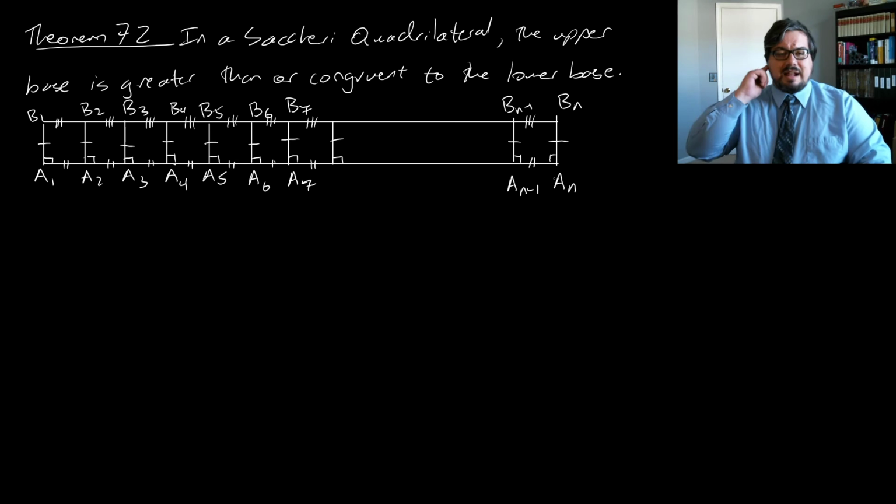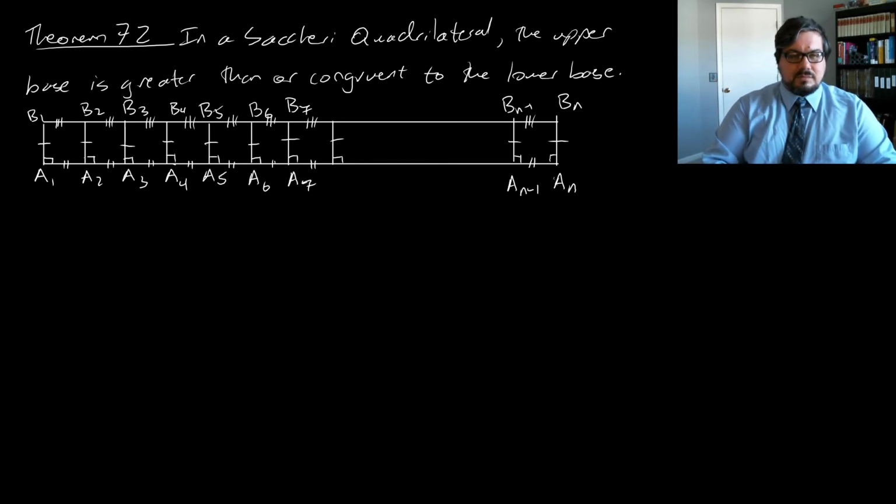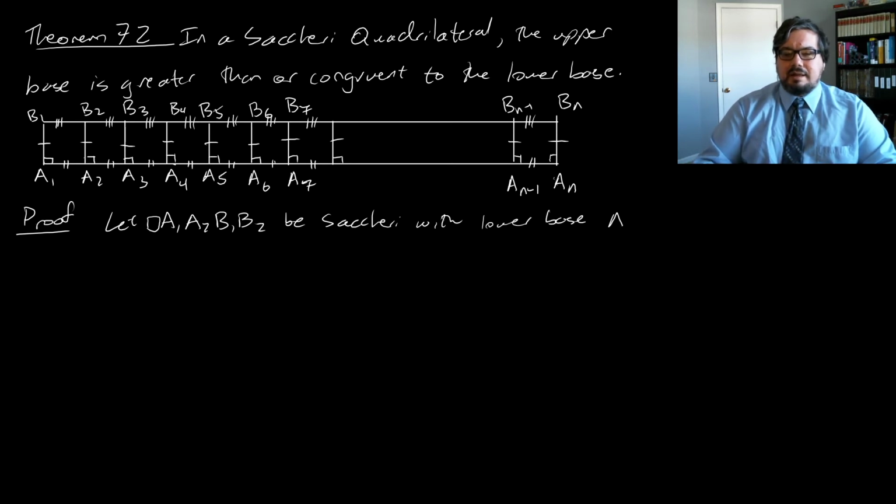But rather than talking about how that's going to happen, let's work through this process. So proof. Let's let quadrilateral A1, A2, B1, B2 be Saccheri with lower base A1, A2.